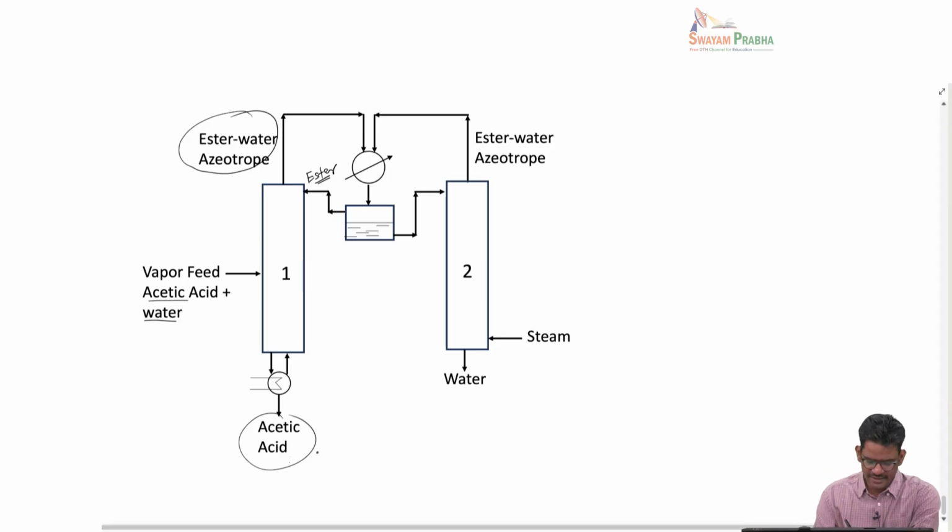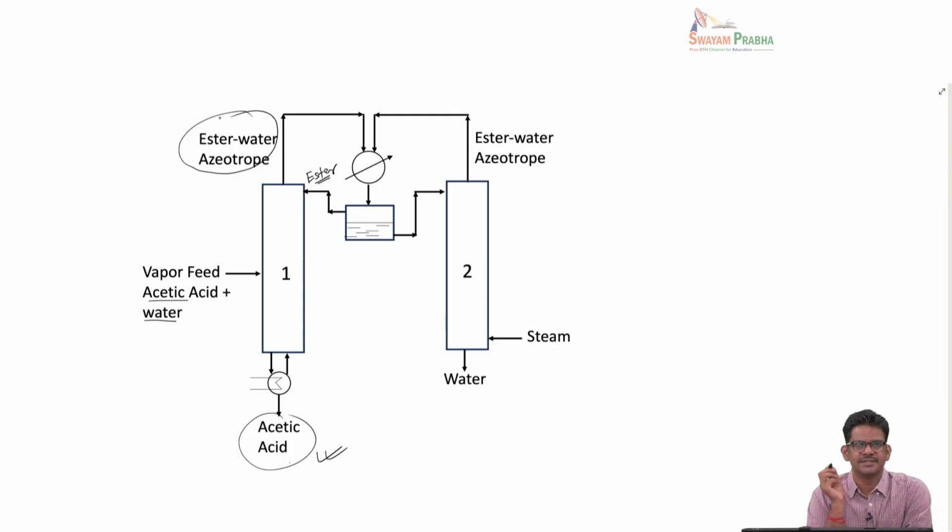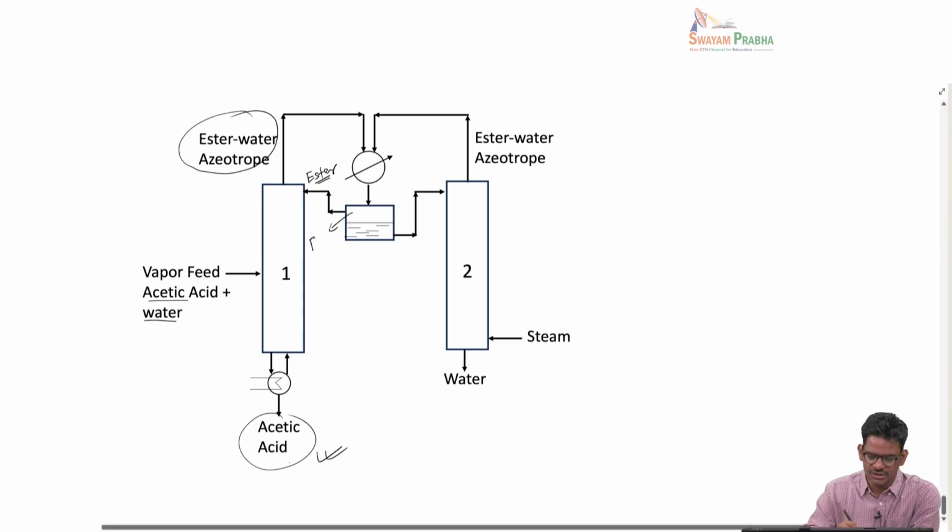So this is what you want to get as a pure product. Now, if you look at the top product, you take this ester water vapor mixture and send it through a condenser to liquefy it. When you liquefy, the liquid would phase separate into an ester rich layer and a water rich layer.